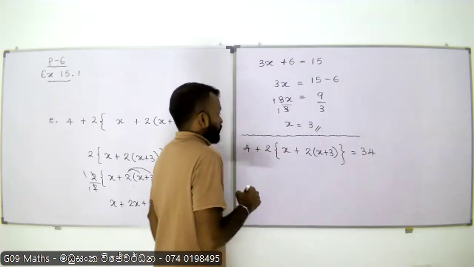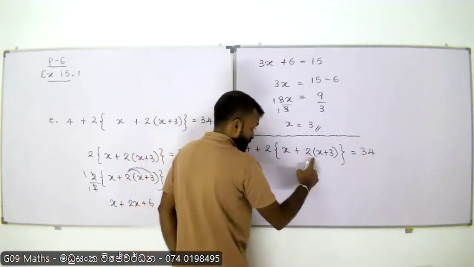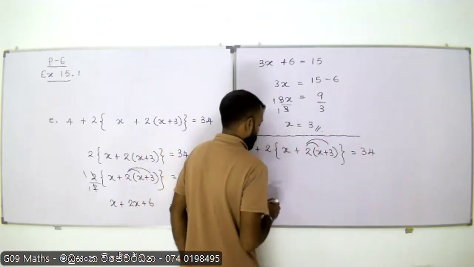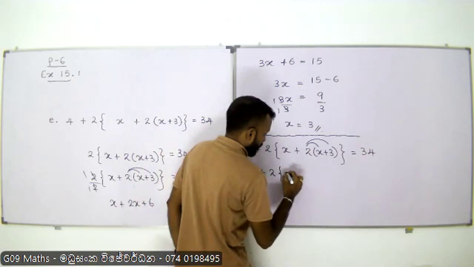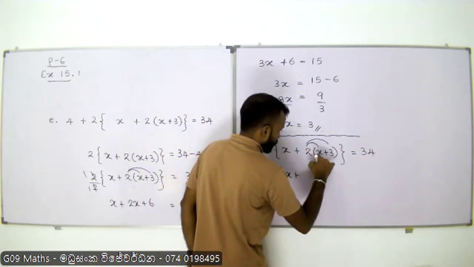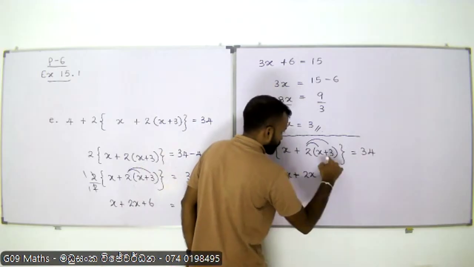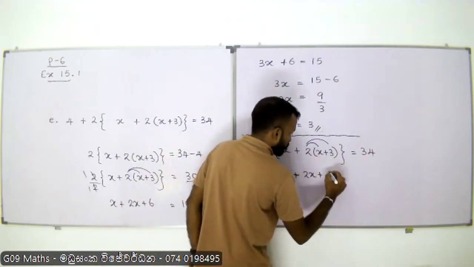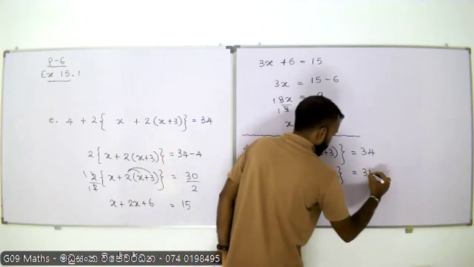So first of all, we need to remove the parenthesis. Parenthesis is here. So I am going to remove this. I will write all the things as it is. x plus positive into positive, positive, 2 into x, 2x, positive into positive, positive, 2 into 3, 6. Curly bracket equals 34.